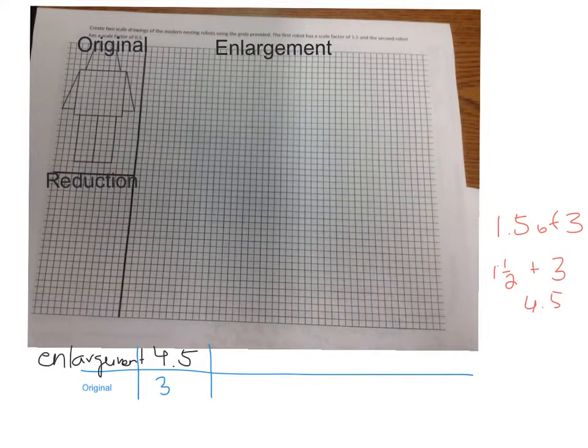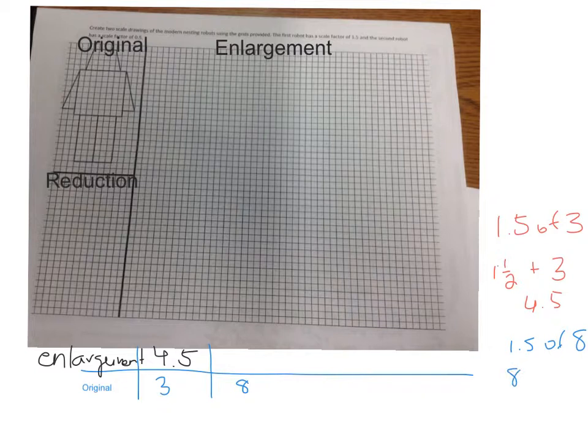I'm going to look at the leg. So I've got 1, 2, 3, 4. 1, 2, 3, 4, 5, 6, 7, 8. So then I might think to myself, okay, well, I've got a spot of 8. 1.5 of 8: 1 of 8 means 8 times 1, that's just 8.